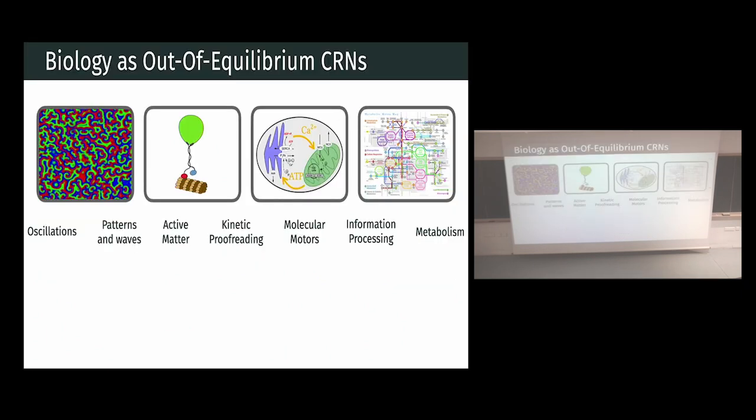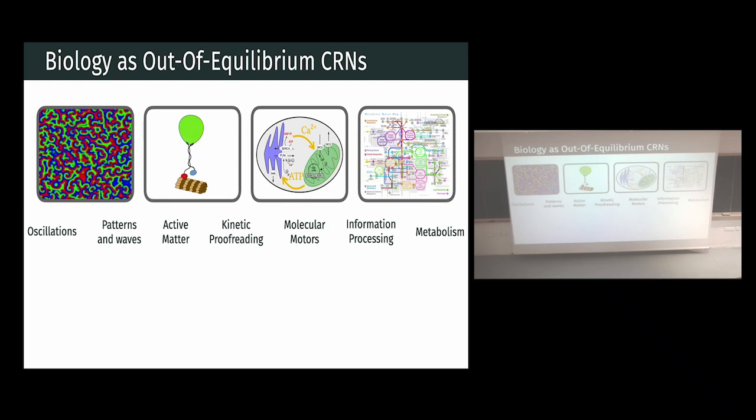One way is by noticing that the underlying mechanism of many processes in biology is based on chemical reactions, right? Many reactions sharing a lot of intermediates, a lot of species. And thanks to them, you can create a lot of complex behaviors. For example, you can organize species in space.